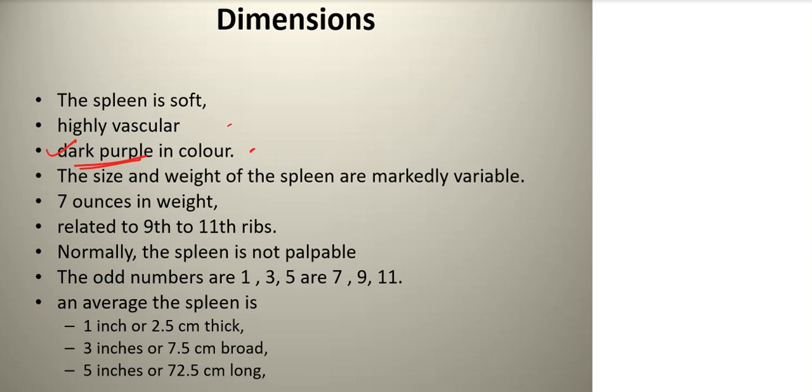Size and weight vary from person to person, but the average weight is 7 ounces, and the measurement of the spleen is 1 inch thick, 3 inches broad, and 5 inches long.